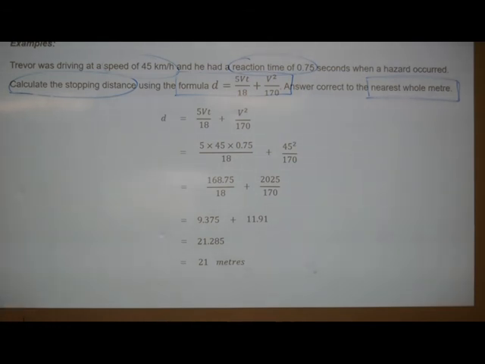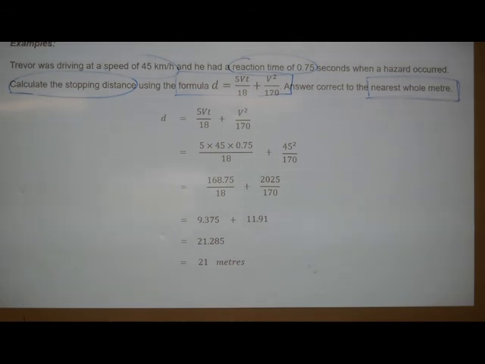So, let's think about this. We're driving down the street. We're going about 5 k's over the speed limit, because we're in the school zone. 2 cars ahead, the ball comes flying out between 2 cars and a little kid comes chasing after it. Is Trevor going to be able to stop in time? No. I'd hazard a guess that at 21 metres, that child is under his car.